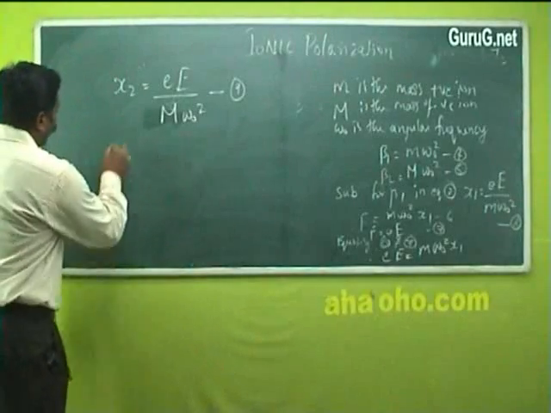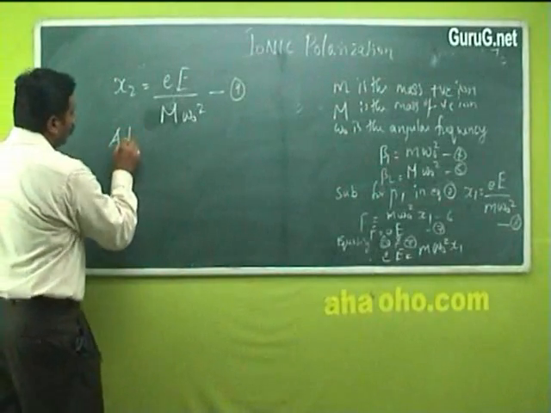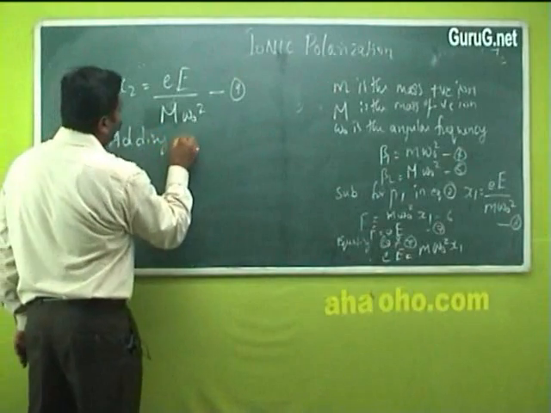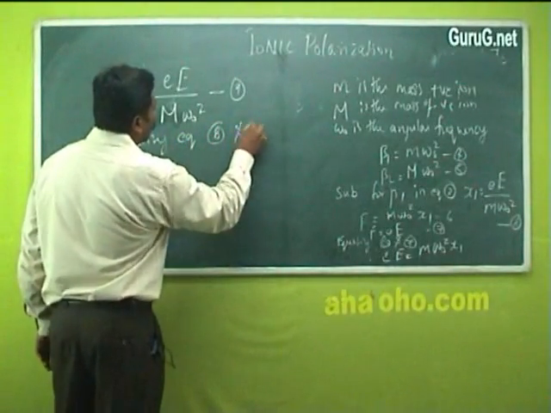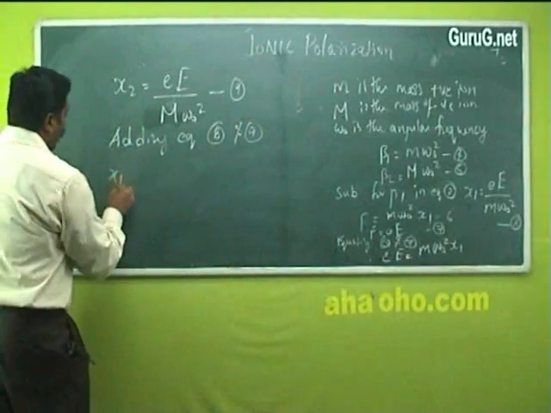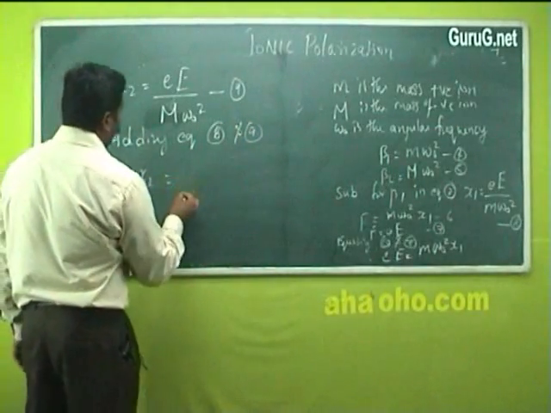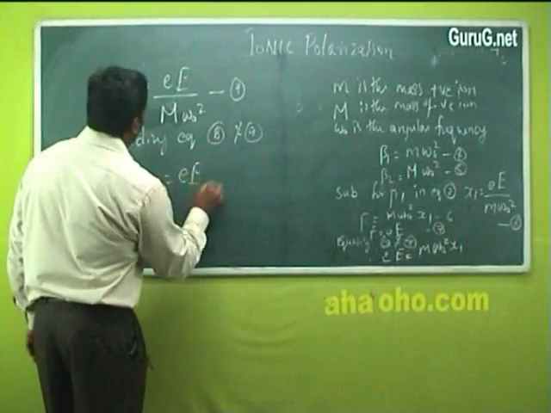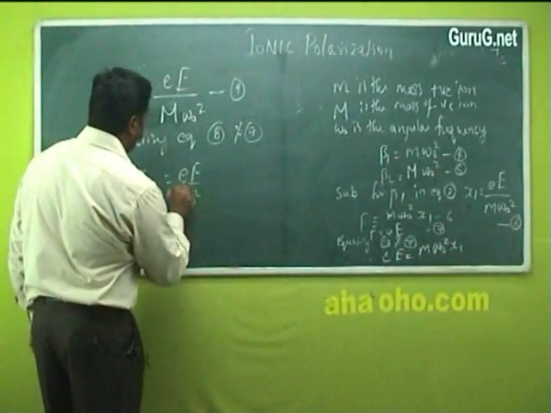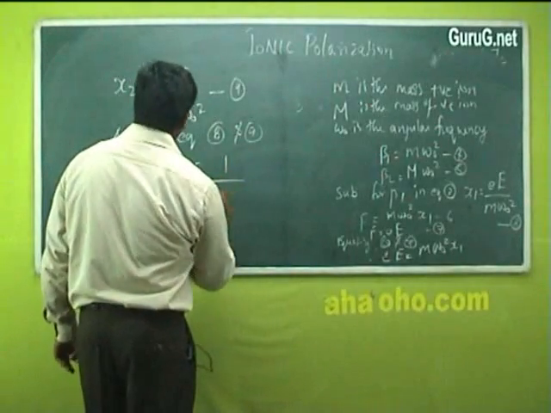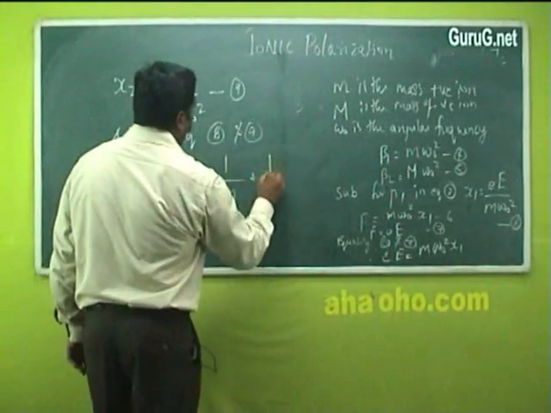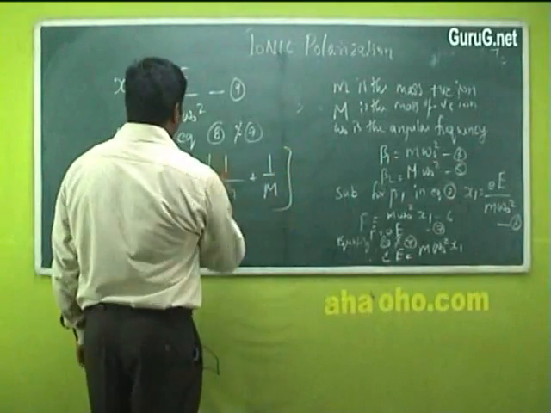Now adding equation 8 and 9, we get x1 plus x2 is equal to E divided by omega naught square. It is common, so let us put it as 1 by m plus 1 by capital M.